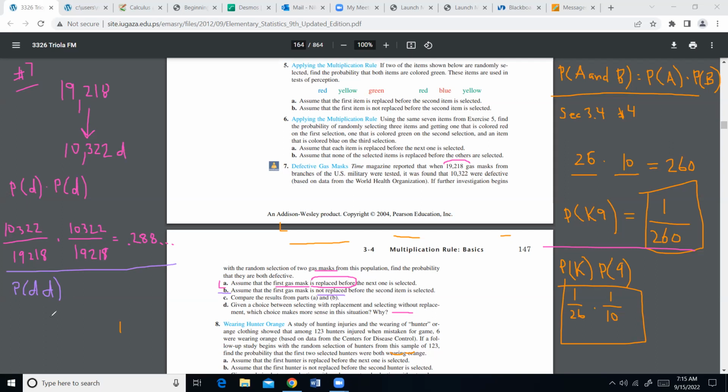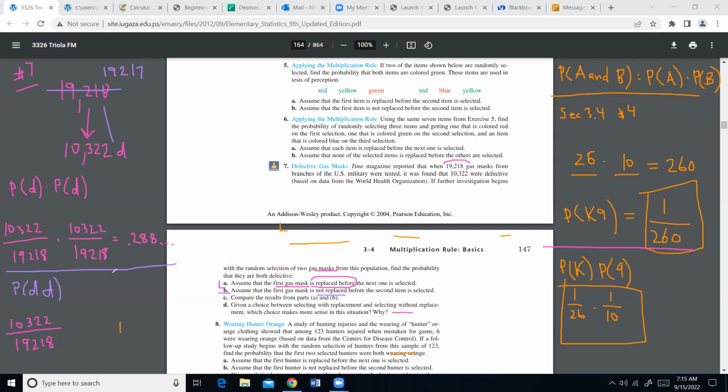What does that mean? Well, you still have out of 19,218, right? 10,322. So you get this fraction to select the first mask. What happens then? You throw it away. It's a bad mask. Why do you need it? So when you throw away that bad mask, you no longer have 19,218 because you have already selected one.